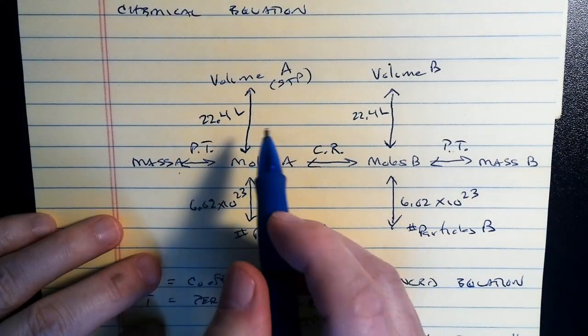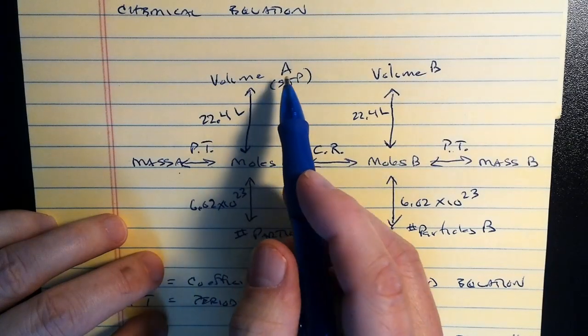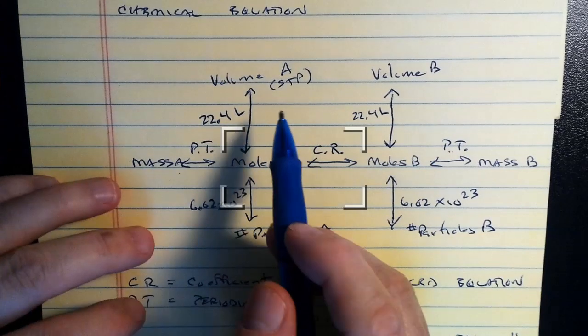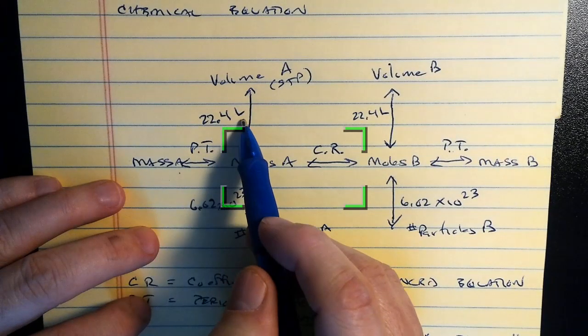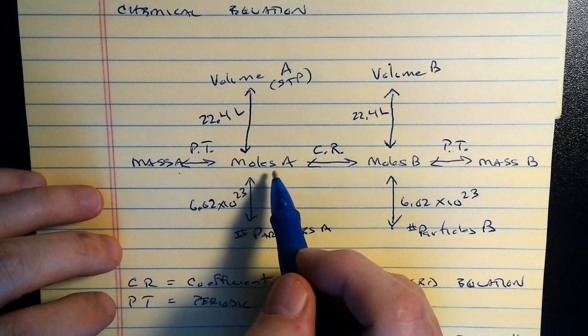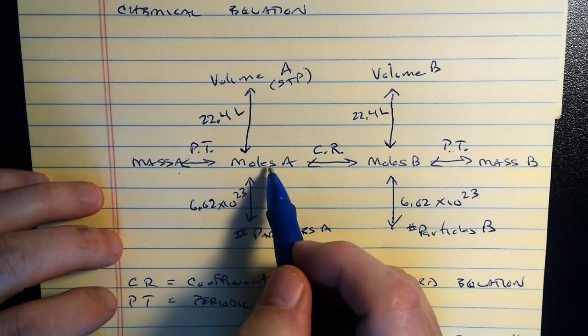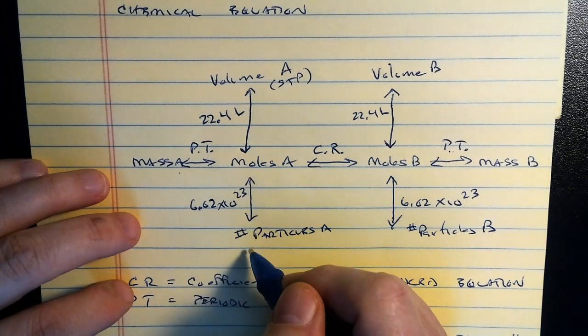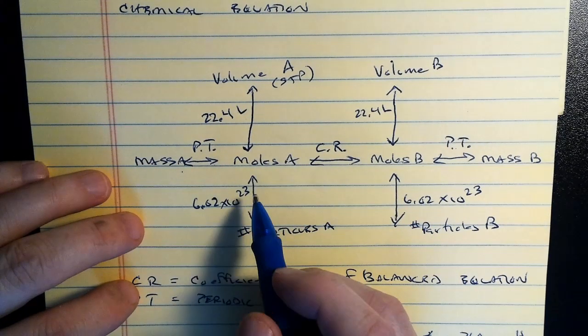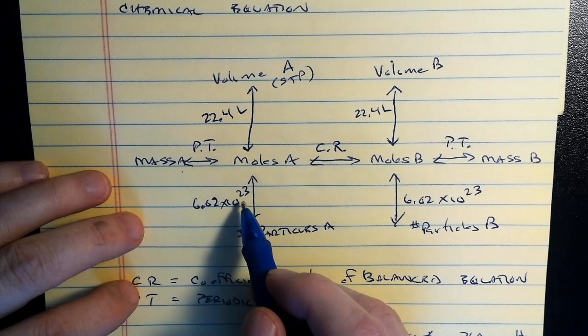Now, anyway, you can go from moles to volume using a magic number, which is what I call it, of exactly 22.4 liters of any gas in 1 mole of that substance. And you also can go down south here using Avogadro's number, 6.02 times 10 to the 23rd power.